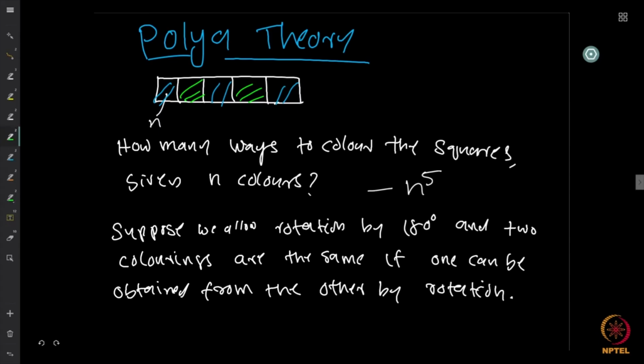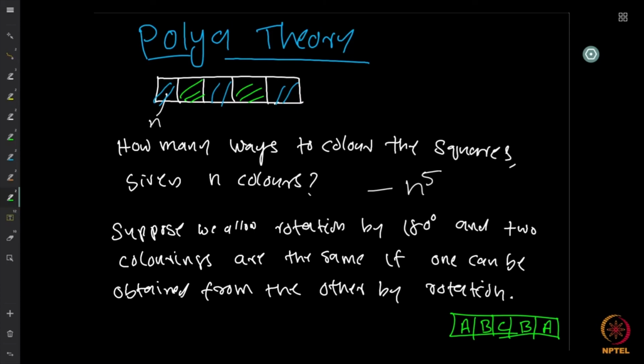For example, let us say that I have this strip, and I color the first one with color A, second with B, third with C. Then I color the fourth with B, and the final one with A again. Now, if I reflect this, there is no difference. I get the same coloring of the squares. And therefore, when I divide by 2, I am actually undercounting. So I need to take care of this.